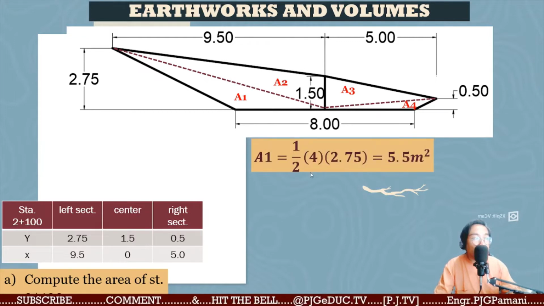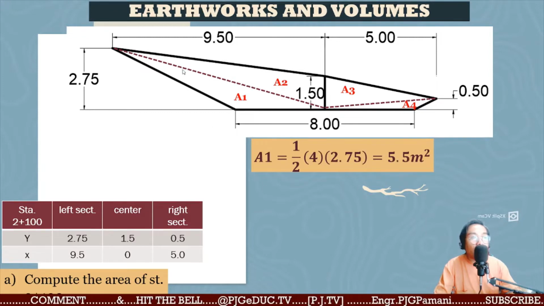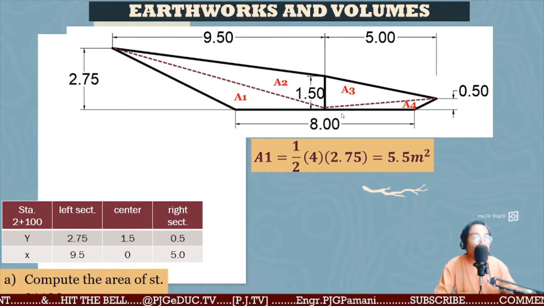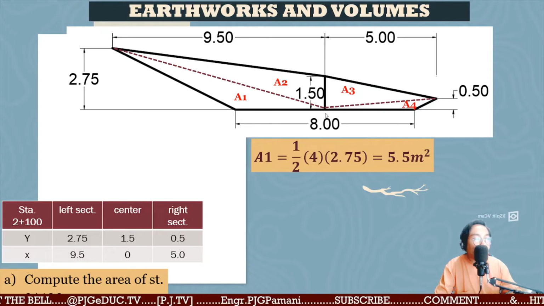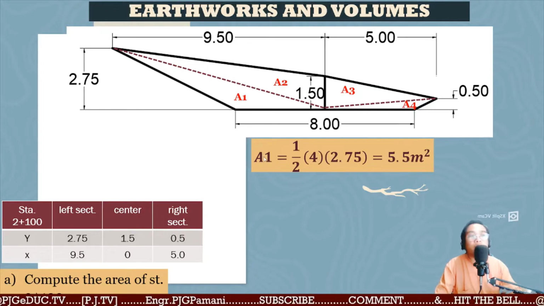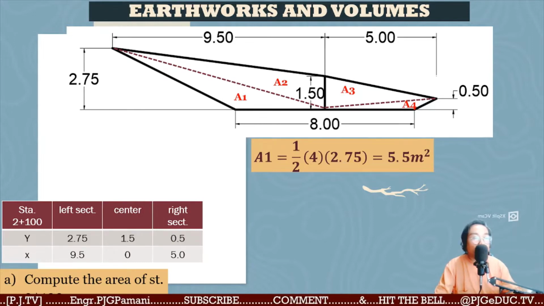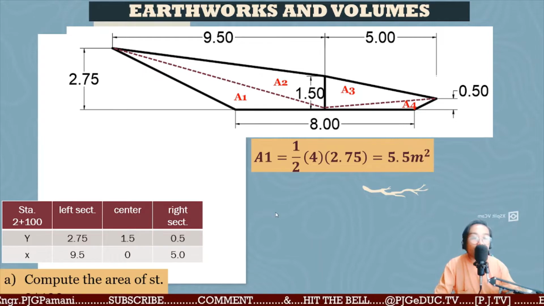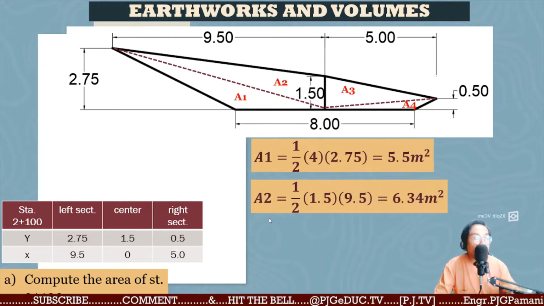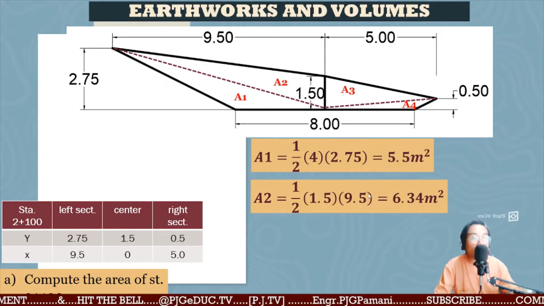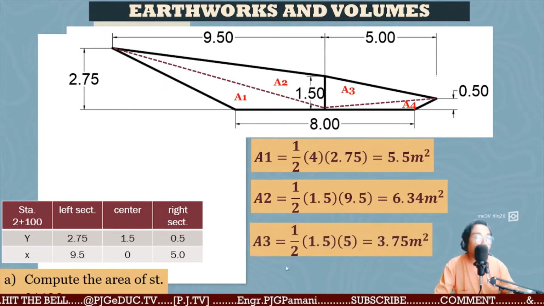This is how we're going to do this. A1, simply 1/2. Half of this is 4 meters. So 1/2 of 4 meters times 2.75 is 5.5 square meters. Then A2, 1/2 of 1.5 and 9.5, 6.34.